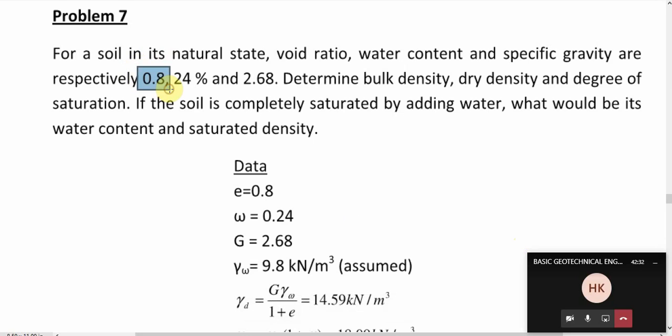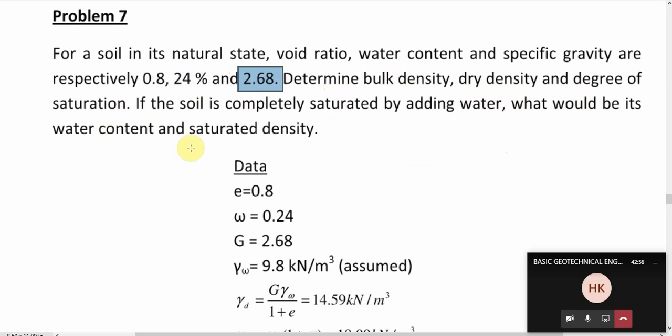Void ratio is 0.8, water content is 24%, and specific gravity is 2.68. Determine bulk density, dry density, and degree of saturation. If the soil is completely saturated by adding water, what would be its water content and saturated density?